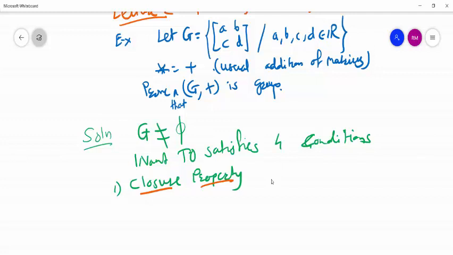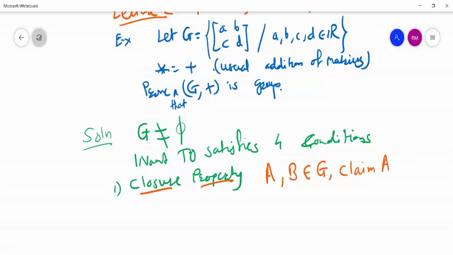Matrices we denote with capital alphabets. So let A and B be 2 matrices. A is of order 2 by 2, B is also of order 2 by 2. They belong to G.